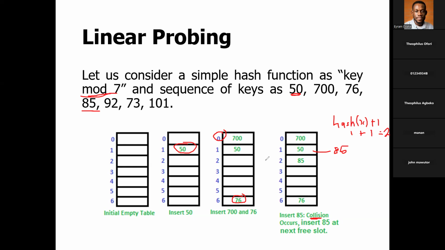So we go to the next value, which is 2. That becomes our next free slot, and then we put the 85 there. Are we following? Yes, sir. All right, so let's move to the next.